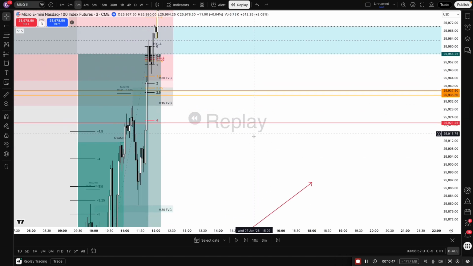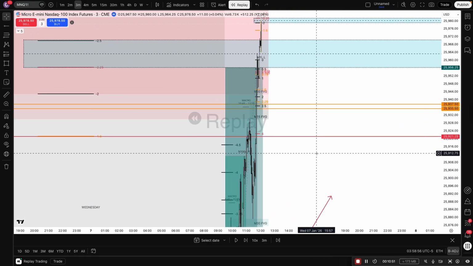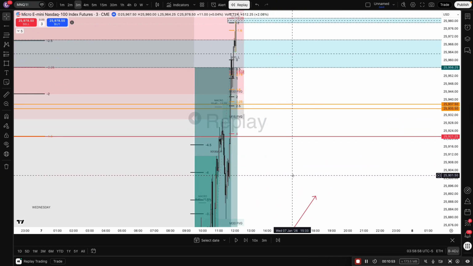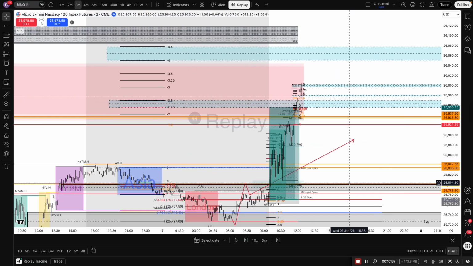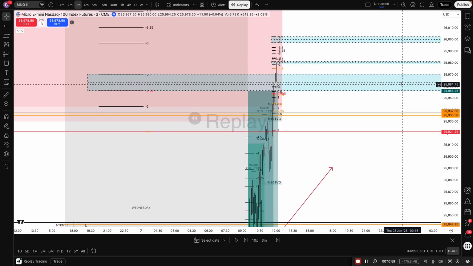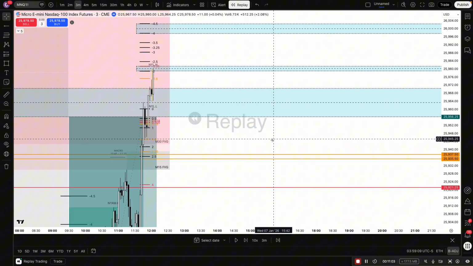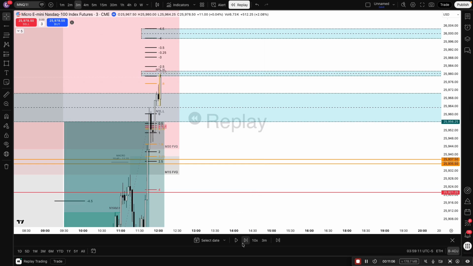Then I want to see momentous moves through 1.6. I likely, at this point, because of how bullish we are looking, would take heavy partials at this 1.6 if we do get there, and then I would leave runners. But let's go ahead and see what happens.